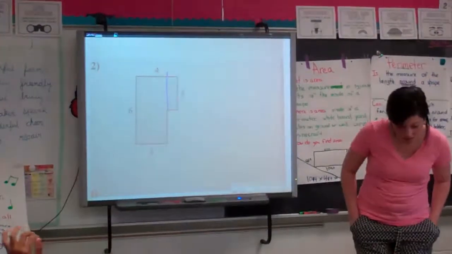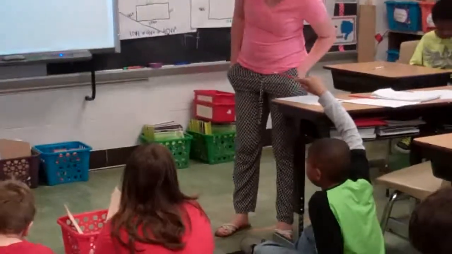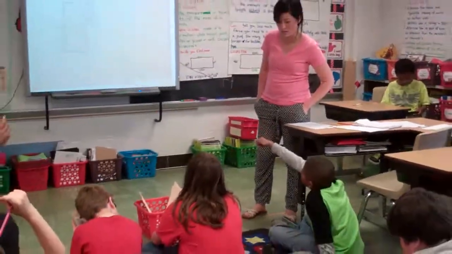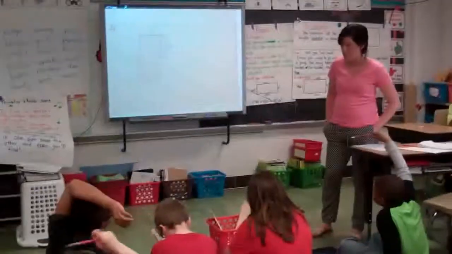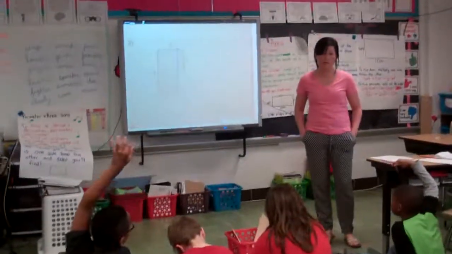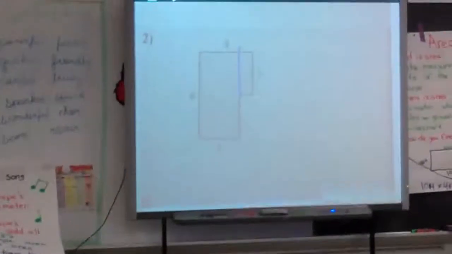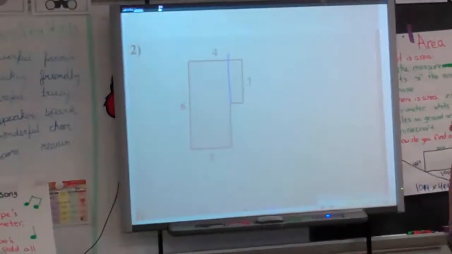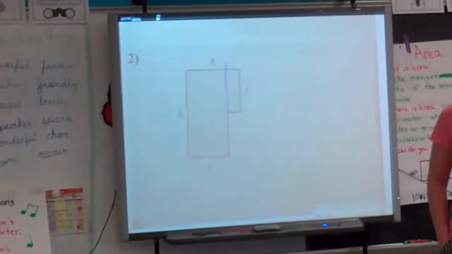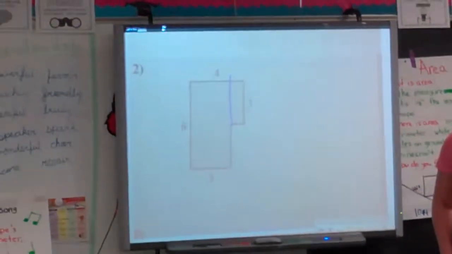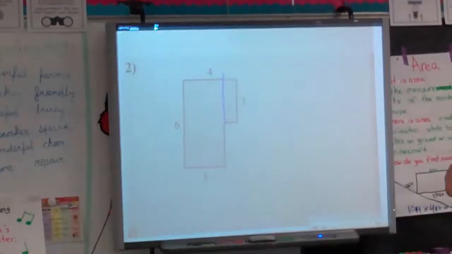Because why? What's not equal? Well, we don't necessarily need equal rectangles. Espen? Well, again, they don't necessarily need to be the same size. Zach? Because there's not a number with the 3.